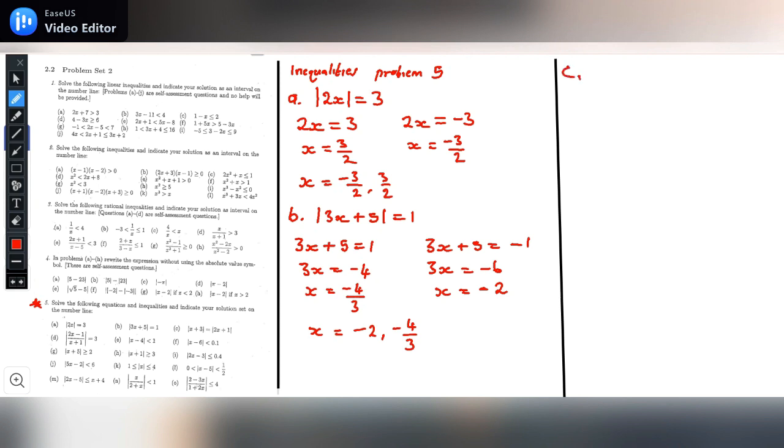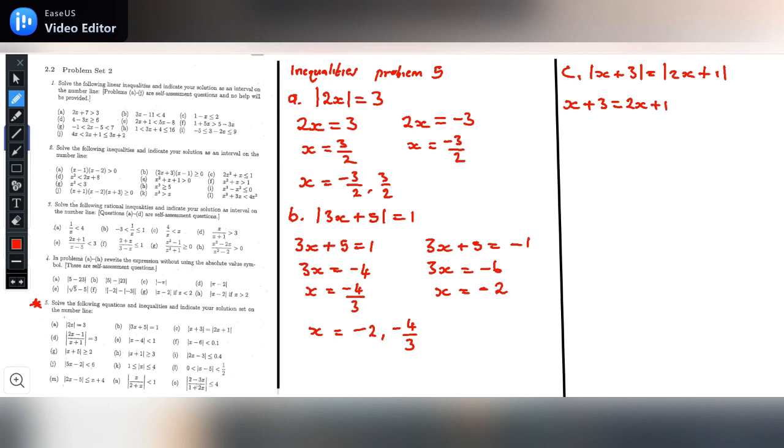Now we come to letter C. It's the absolute value of x plus 3 equals 2x plus 1. Also on this one, we still do the same thing. We are going to say x plus 3 equals 2x plus 1, right?